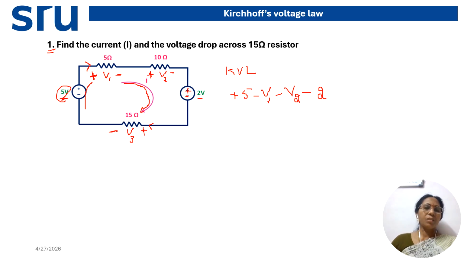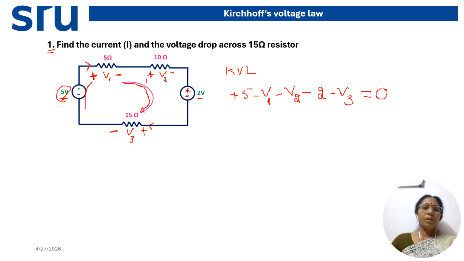Then after this plus to minus again, so minus V3. Is there any other element? No. That's it. So we covered all 5 elements: 1, 2, this is second, third, fourth, fifth. The algebraic sum of all these voltages equals 0 according to KVL.